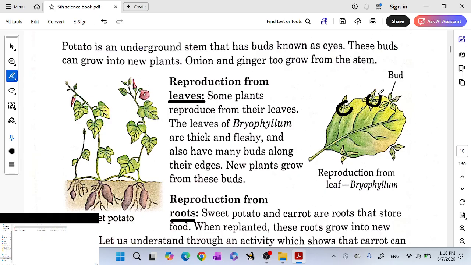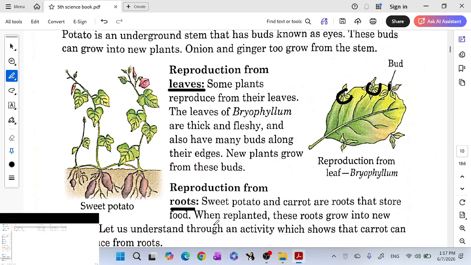All these are buds on the leaves. With these buds, another plant will grow. These buds are on the edge of the leaf. So again, reproduction is happening.